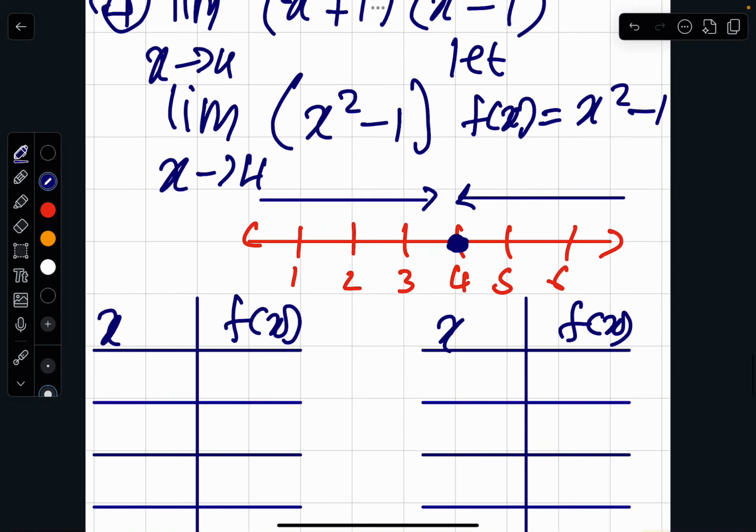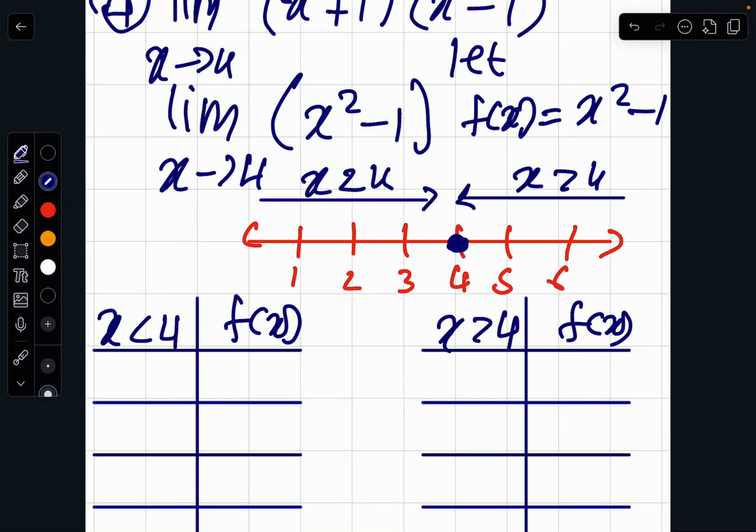Understand? So when we're approaching 4 from the left, remember the values of x are less than 4. When you're approaching it from the right, the values of x are greater than 4, meaning here we're going to have less than 4, and here greater than 4. So now, what is the value of x that is very close to 4?